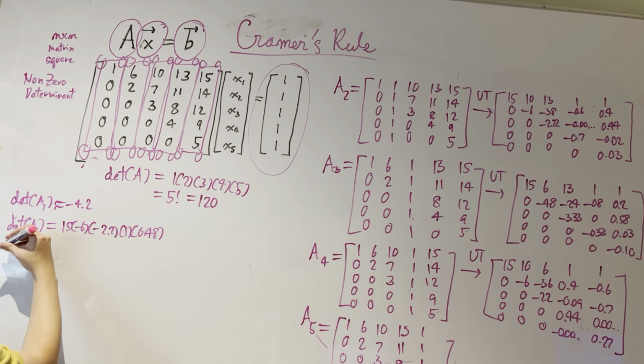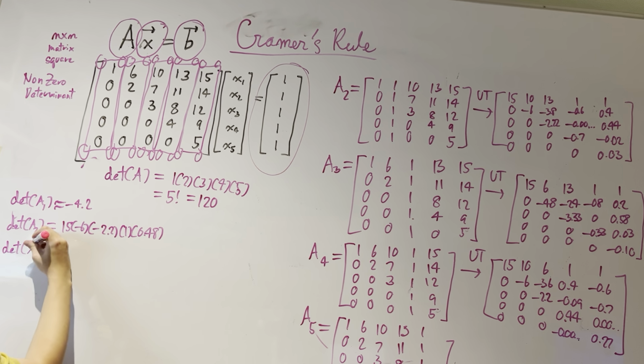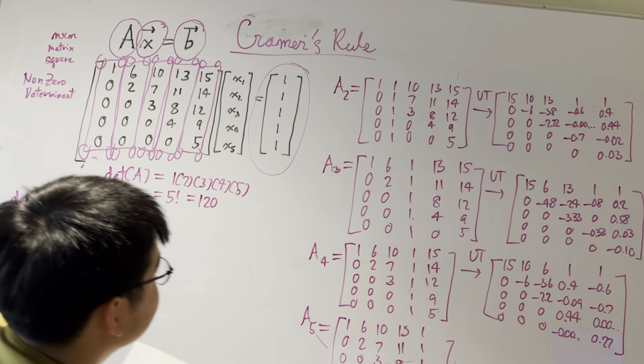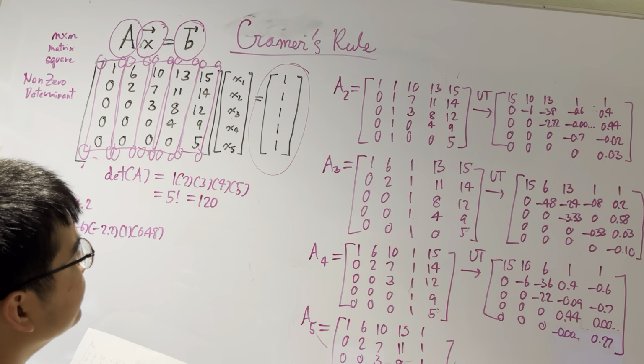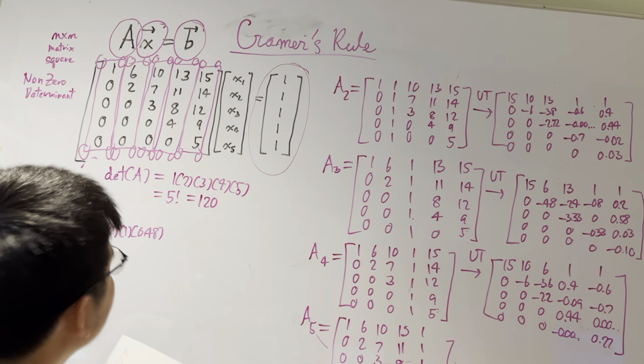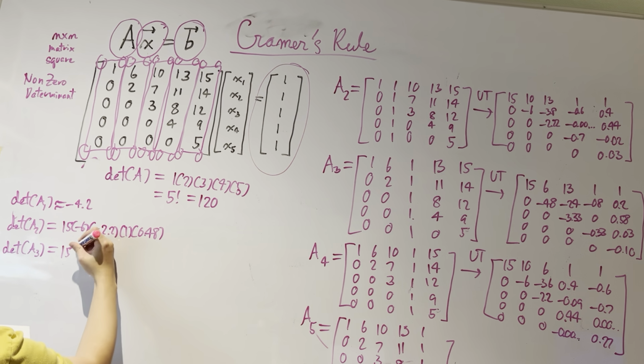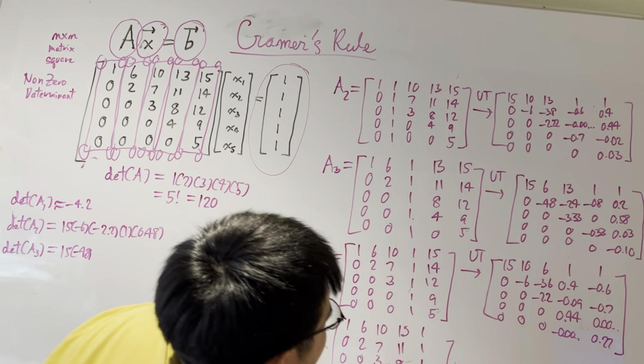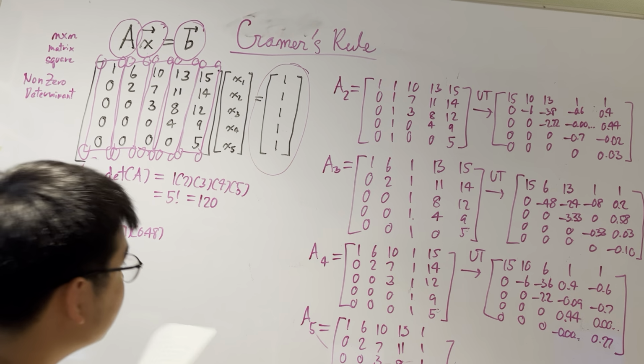So yeah. Okay, the determinant of A3 is, let's see, 15 times negative 4.8. Yeah, 4.8, right?